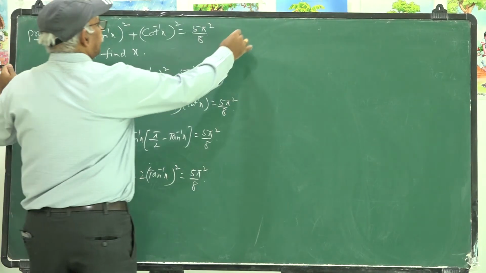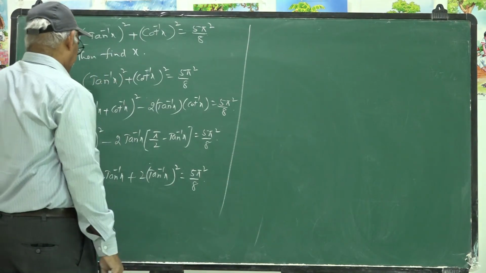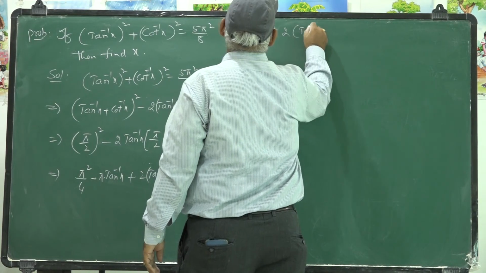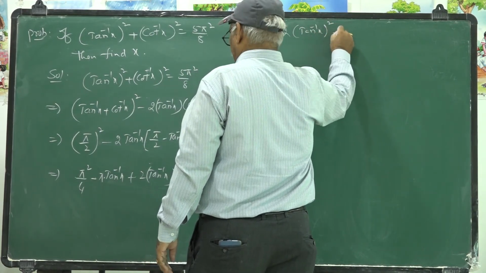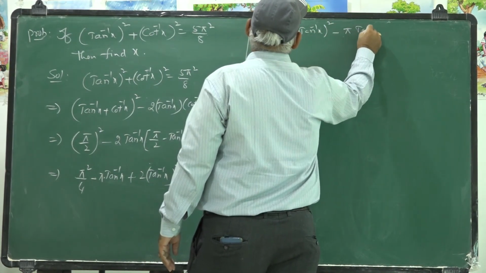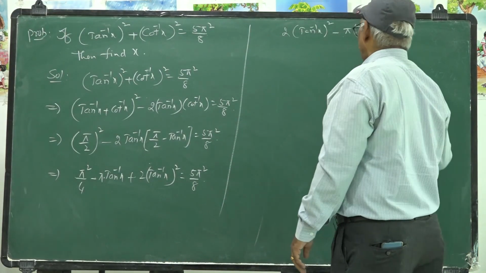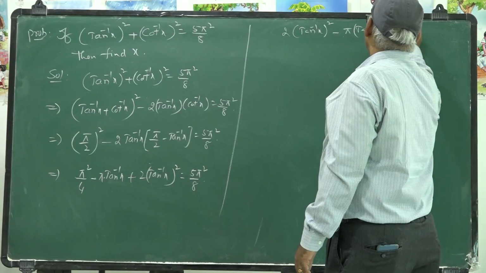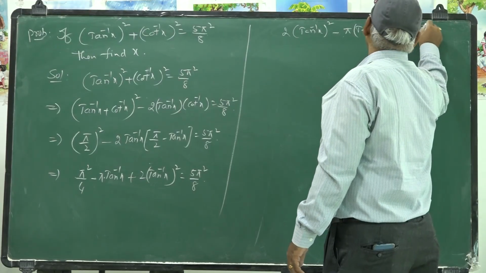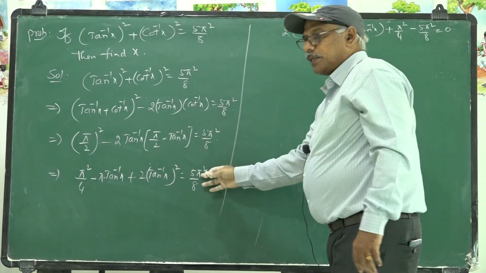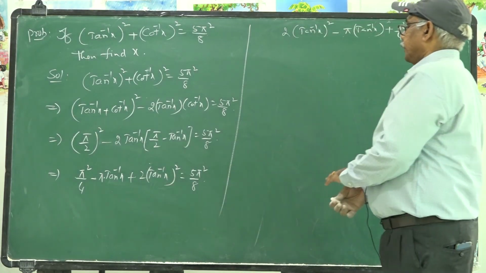I am taking this constant to this side. That is 2 tan inverse x whole square minus pi tan inverse x plus pi square by 4 minus 5 pi square by 8 equal to 0.